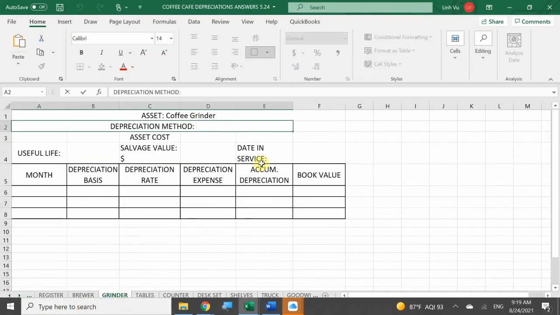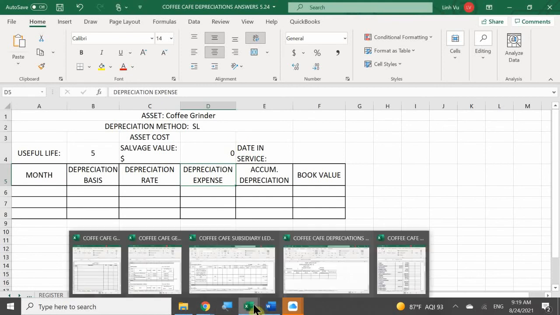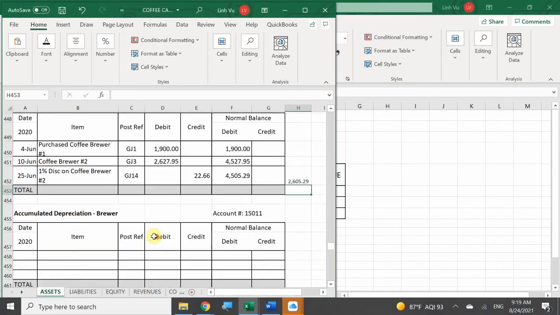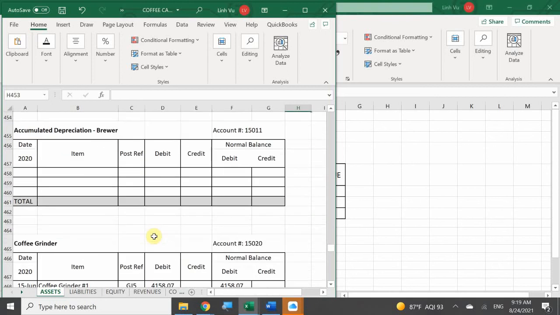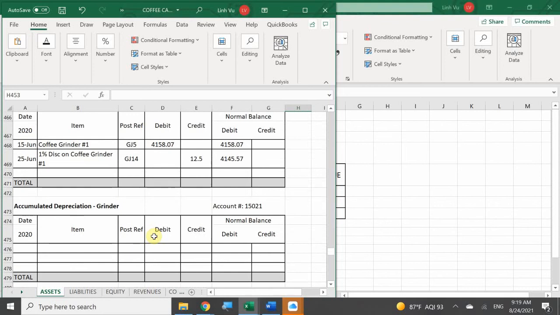We're using straight line. Useful life is 5 years, no salvage value. Okay. So then let's go ahead and take a look in our general ledger to see how much that coffee grinder is and when we placed it into service. So here's the coffee grinder.